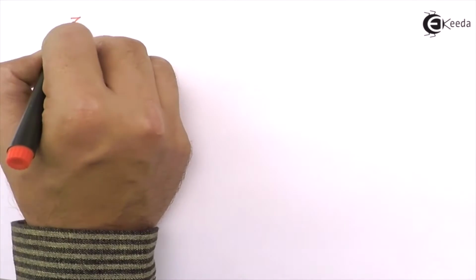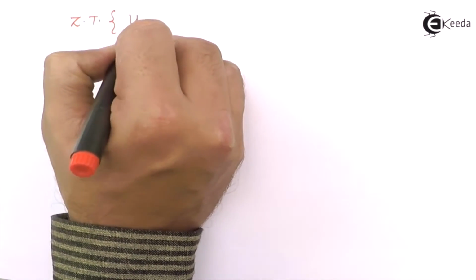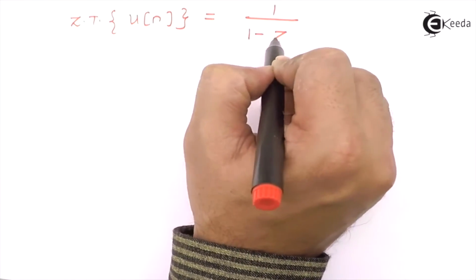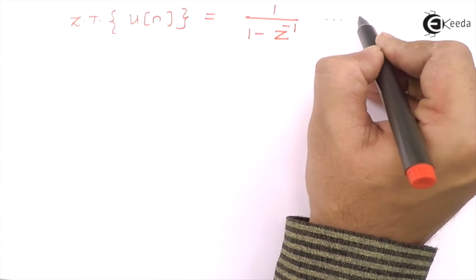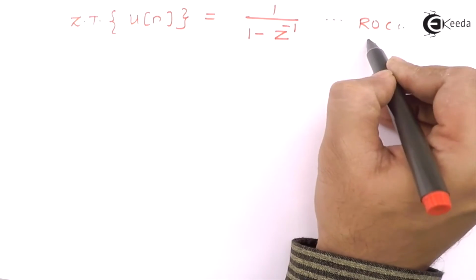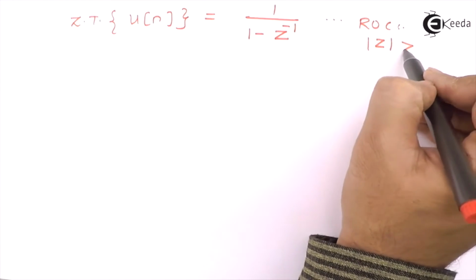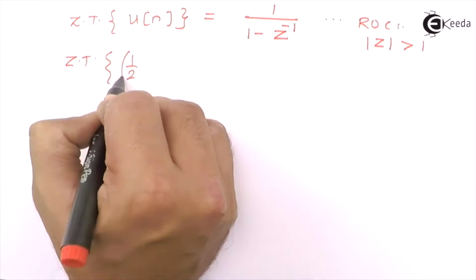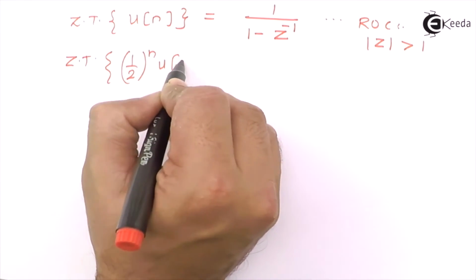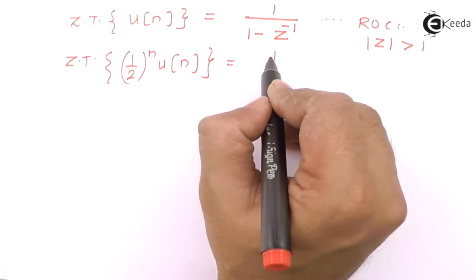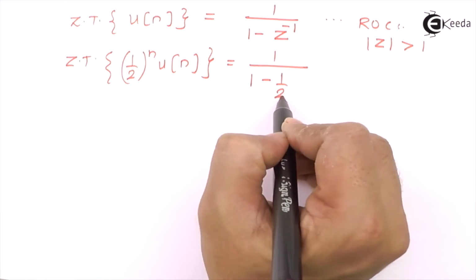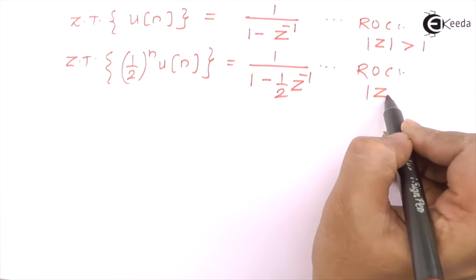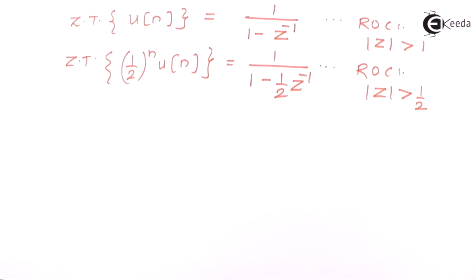So the Z transform of u of n is nothing but 1 upon 1 minus Z inverse with ROC mod z greater than 1, and the Z transform of (1/2)^n u of n will be 1 upon 1 minus 1/2 Z inverse with ROC mod z greater than 1/2.